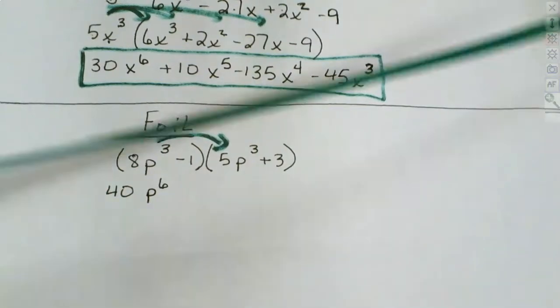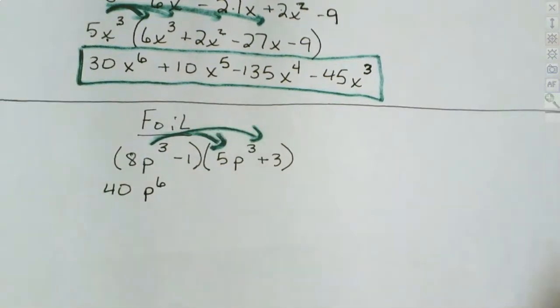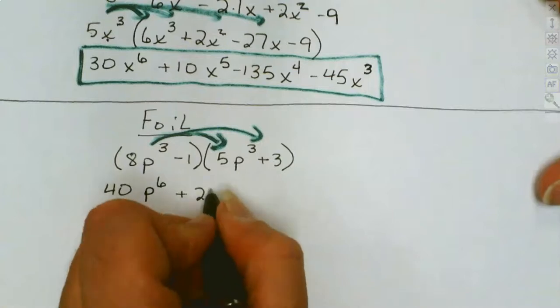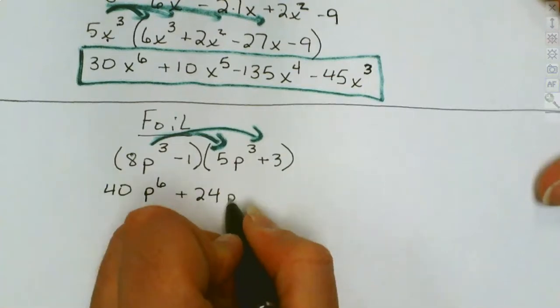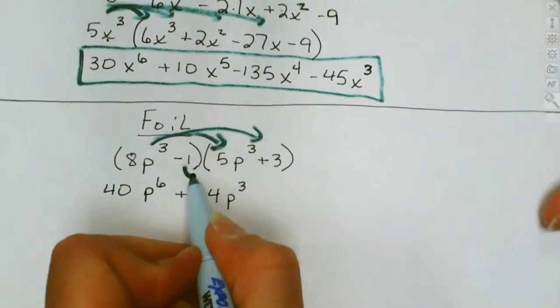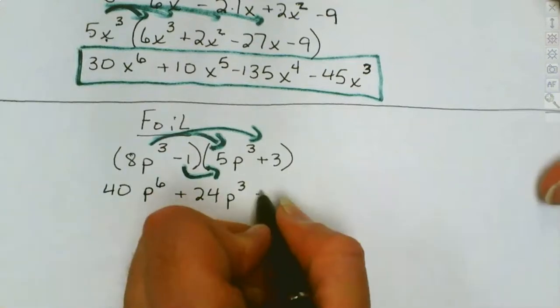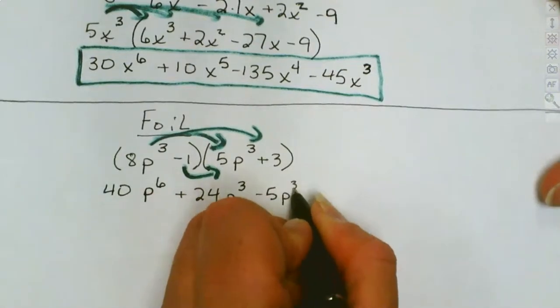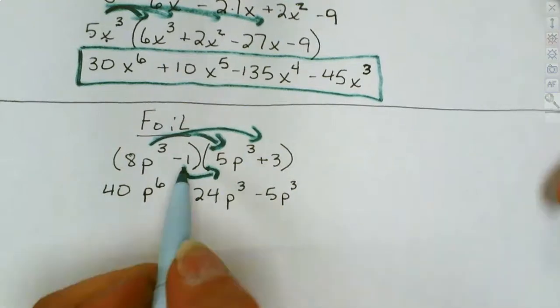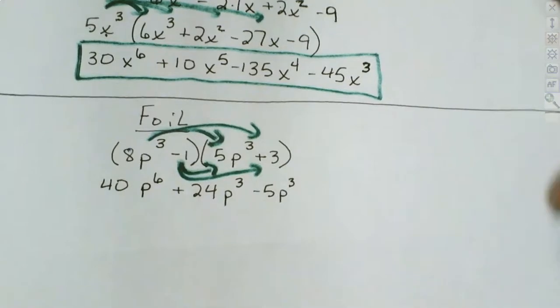Next, outside and outside. So 8 p to the 3rd times 3, that makes it a 24 p to the 3rd. Inside and inside, that's a minus 5 p cubed. And minus 1 times 3 makes it a minus 3.